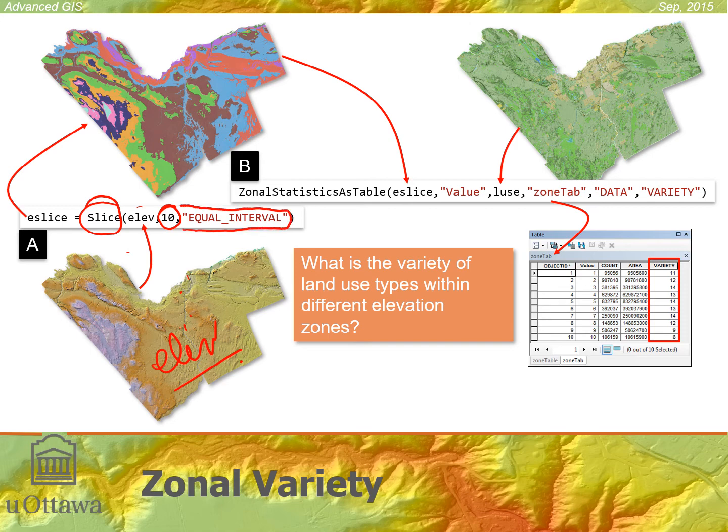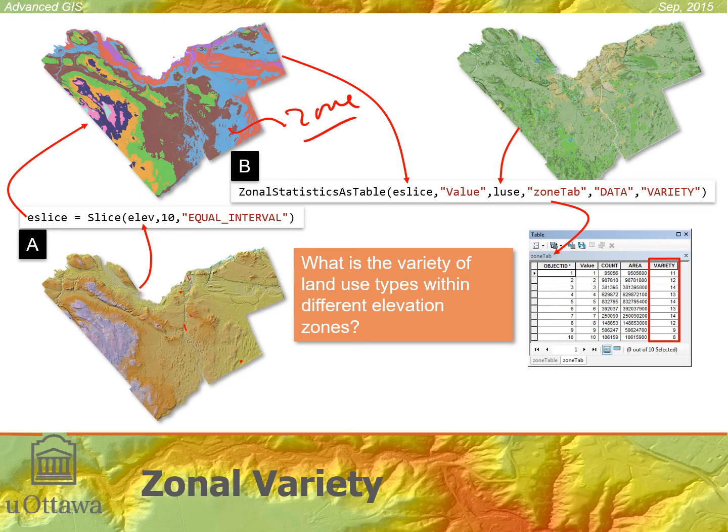Here I just wanted to use equal interval, so between the minimum and the max elevation, it would take 10 equally spaced values from lowest to highest. That then creates this, which is a zone grid now. So we've converted a continuous layer into a zonal layer by classifying it.